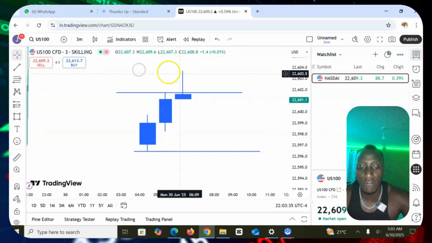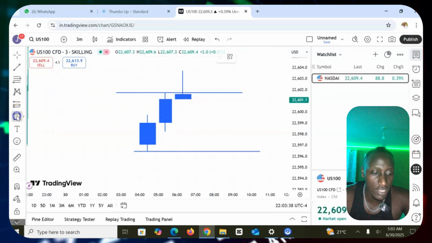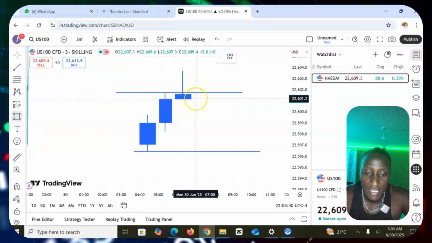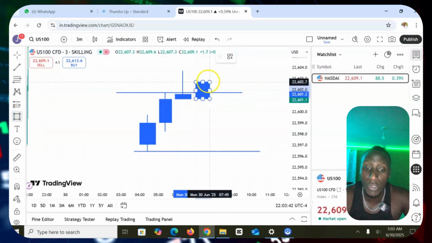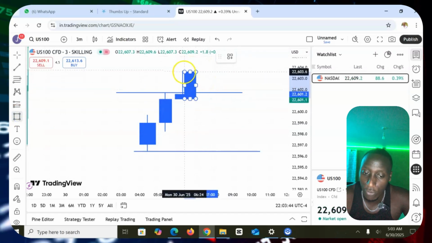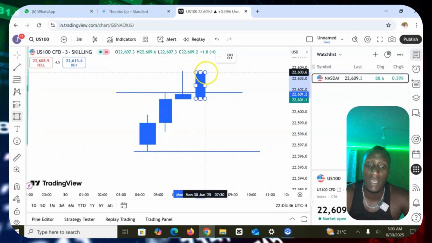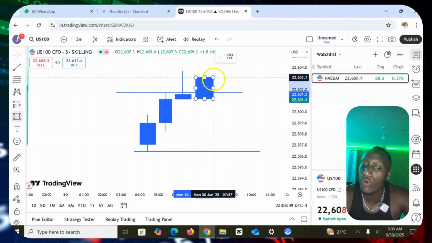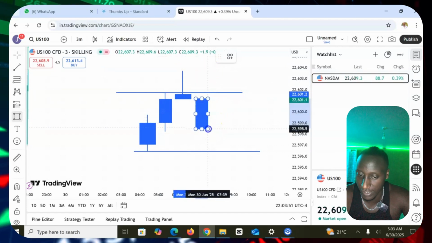Now, once you see a failed breakout, then you know that automatically on Thursday, there's a very high probability that we might go back up to the high of the week. Clear liquidity before going down and reversing.